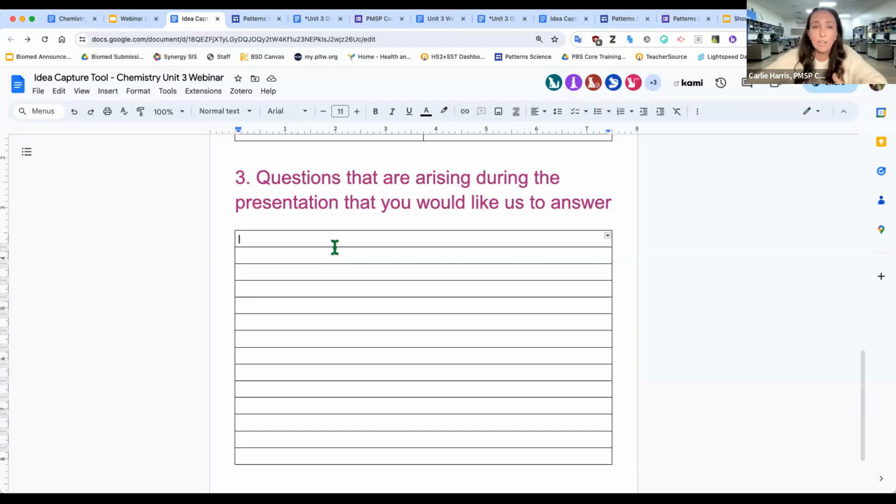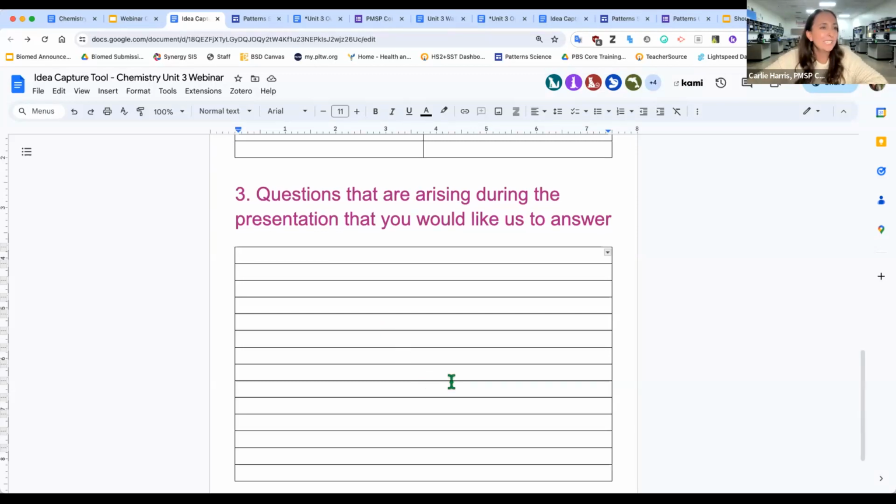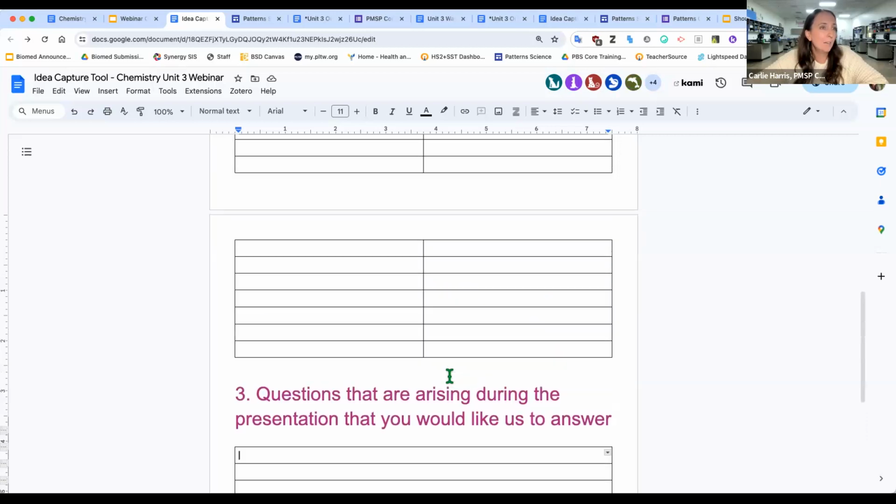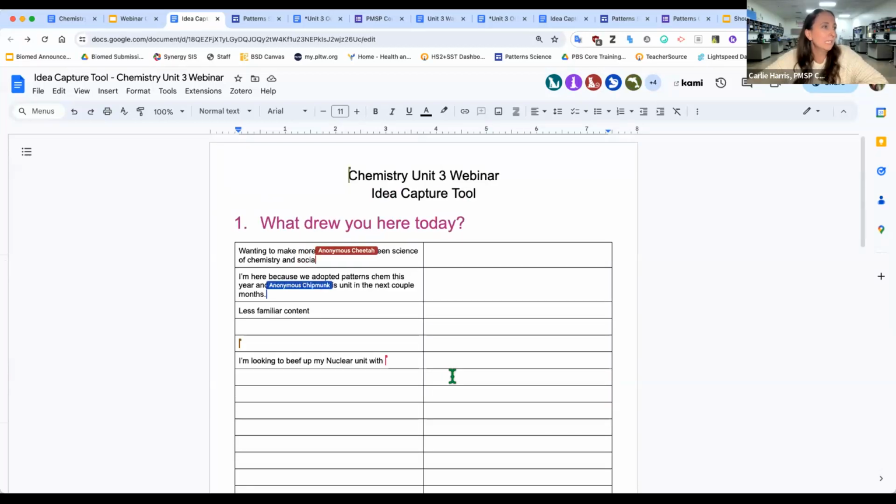If you want to leave your name or your email, that might be something we can address in another email. We just want to make sure that you feel supported and that you have all the resources that you need. And if you have any specific questions, we can address them to help you help your students. Awesome. And we're getting some information in there already.